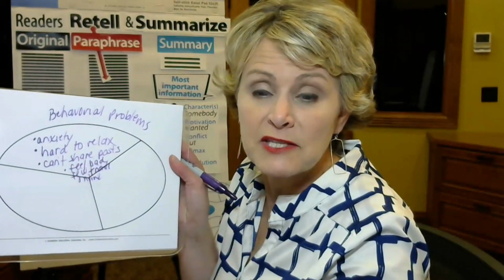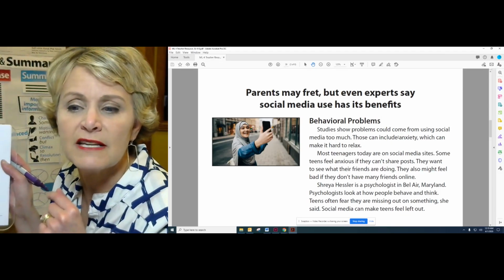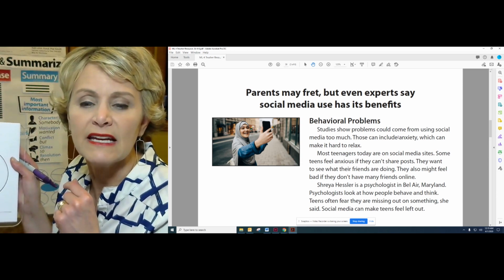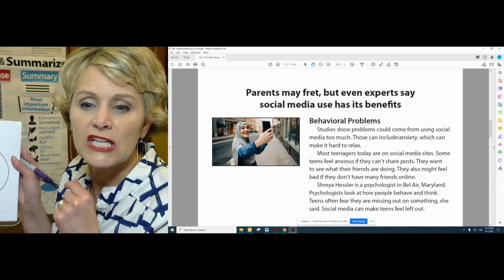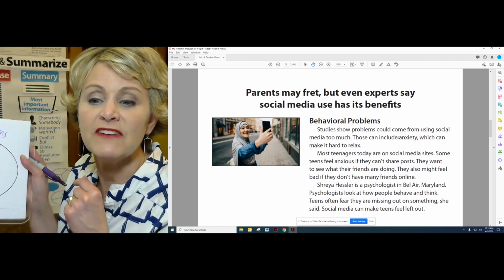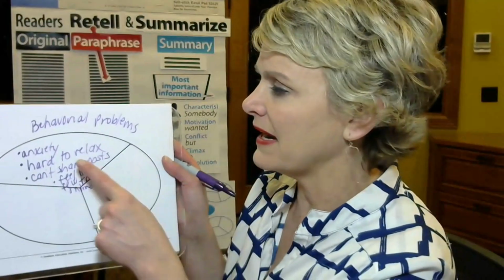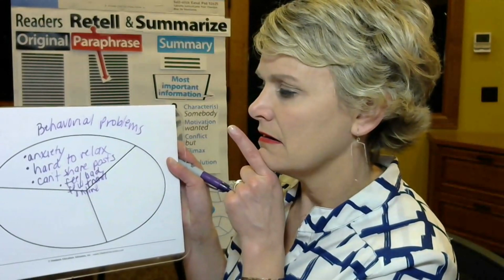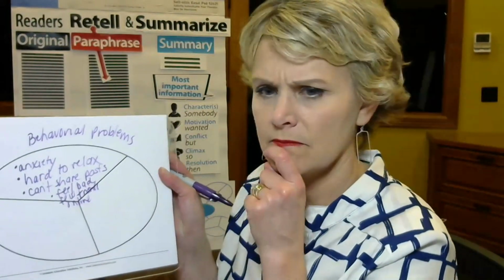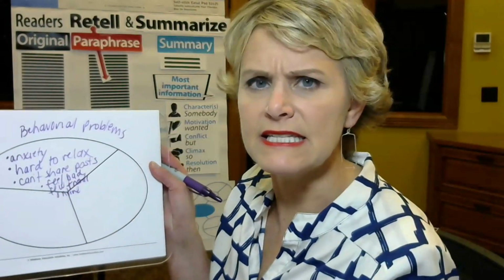Okay. Let's read the last paragraph. Shreya Hessler is a psychologist in Bel Air, Maryland. Psychologists look at how people behave and think. Teens often fear they are missing out on something, she said. Social media can make teens feel left out. Fear. Oh, wait, we had anxiety, hard to relax, feel bad. But fear, that's different.